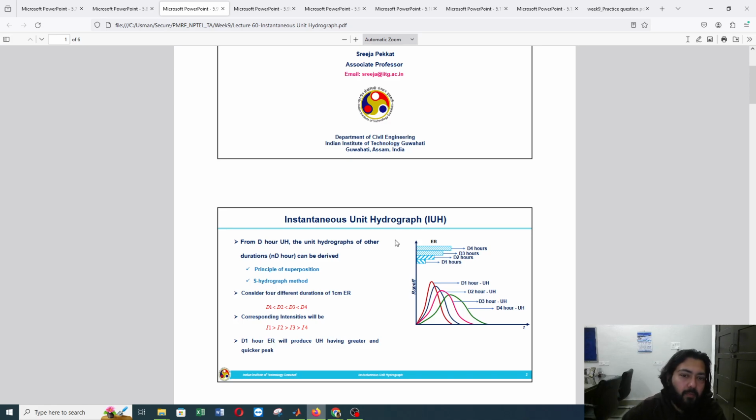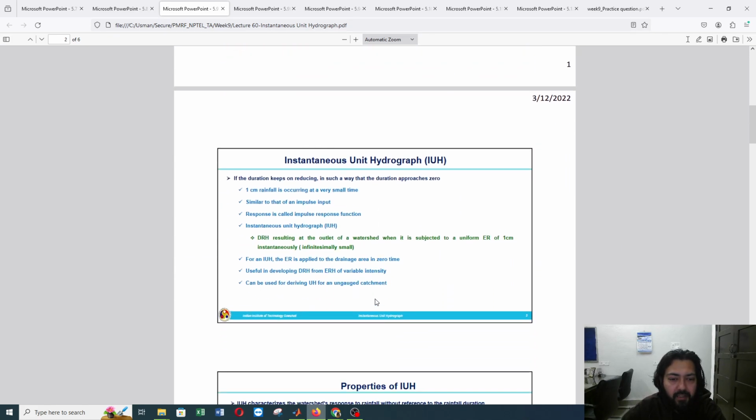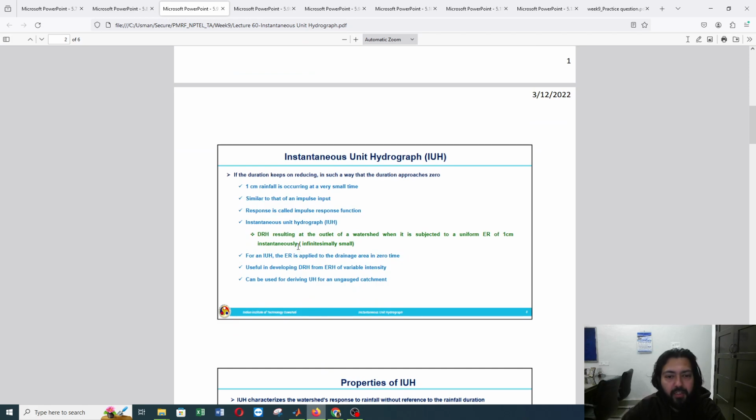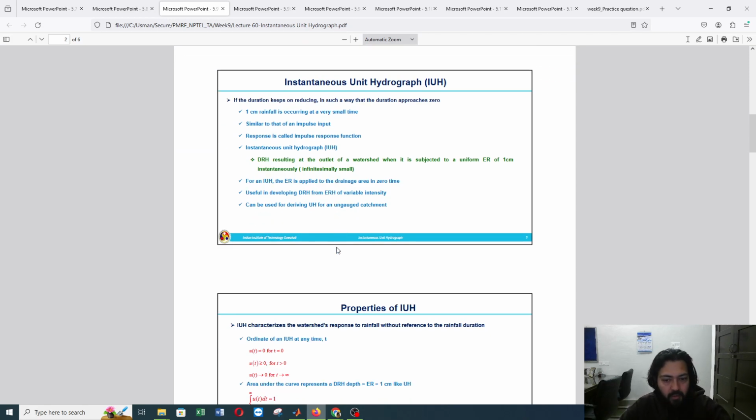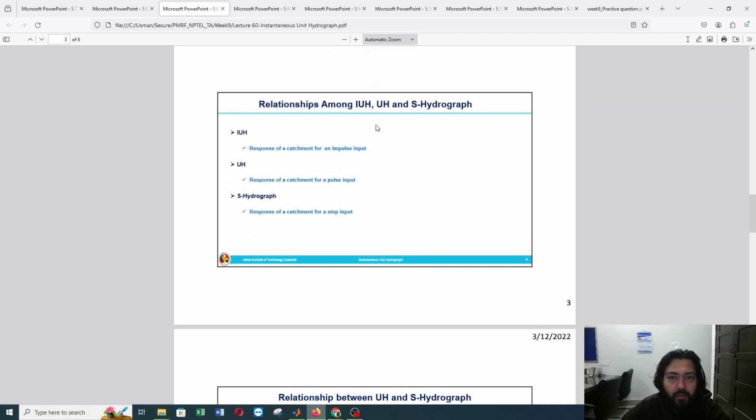We saw that in the previous class when we were studying the linear system model. So for instantaneous unit hydrograph, the time period changes. The time is at a particular instant, which will be very small. Then we talked about the relationship between instantaneous unit hydrograph and S hydrograph, right?